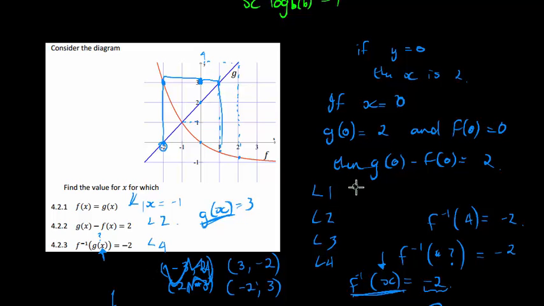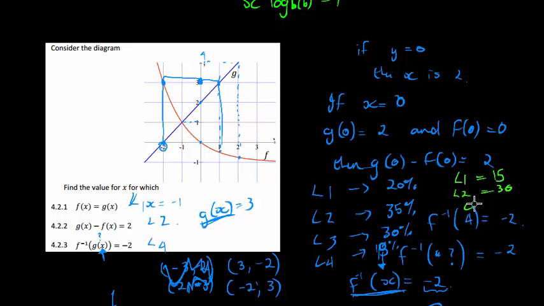Level 1 questions make up 20% of your exam, level 2 questions make up 35%, level 3 make up 30%, and level 4 makes up 10%. Sorry, 15. In the tests that I set, level 1 is 15, level 2 is 30, level 3 is 35, and level 4 is 20.